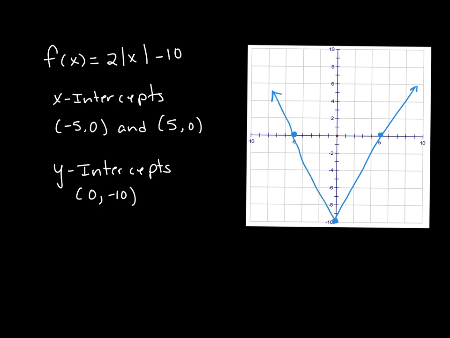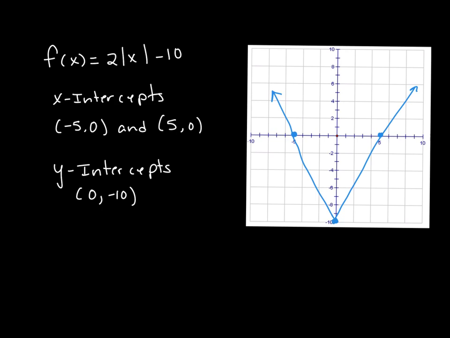Now, what can I say about this graph? Well, I can also say that this point right here, my y-intercept, is going to be a minimum on the graph, and it would also be considered the vertex.